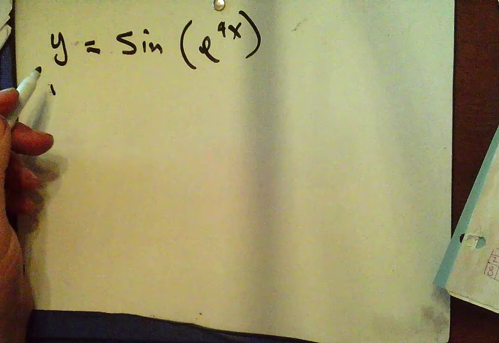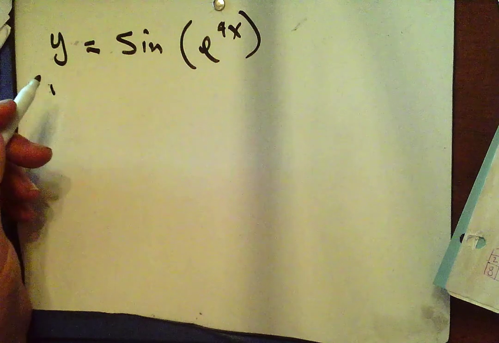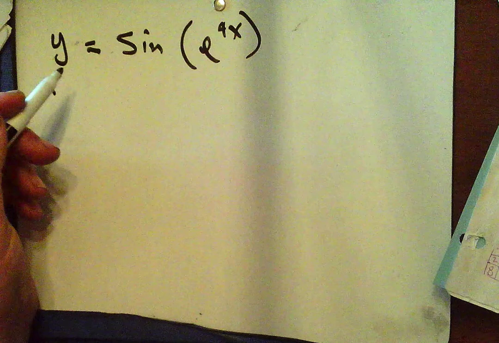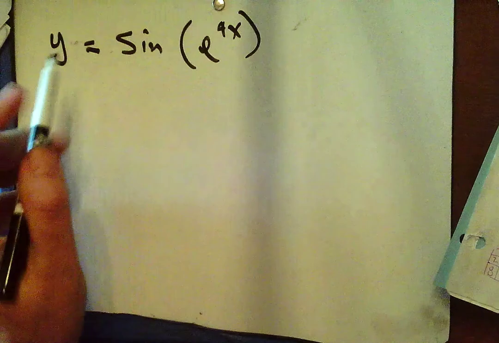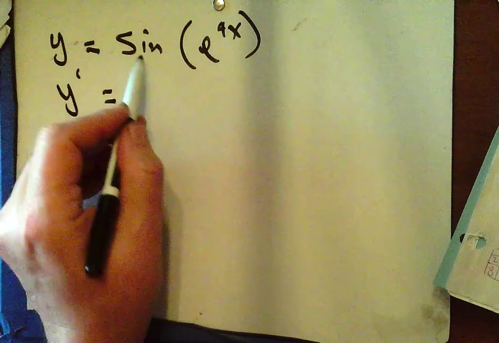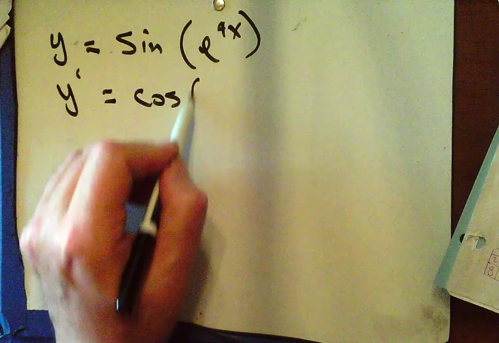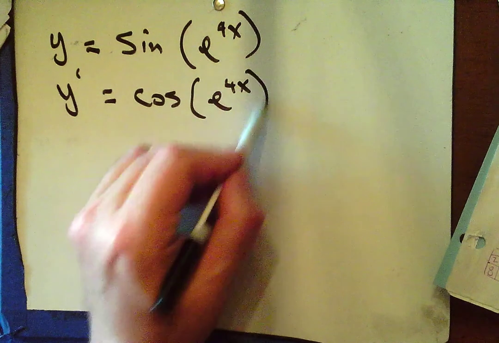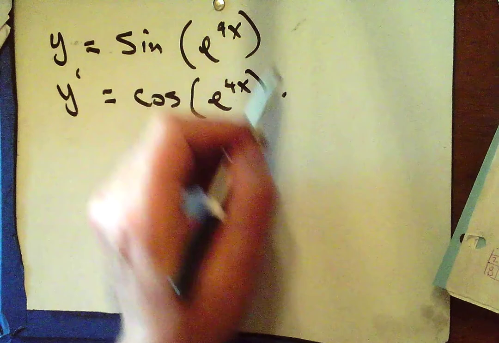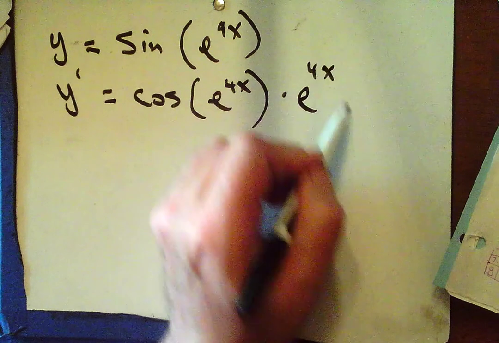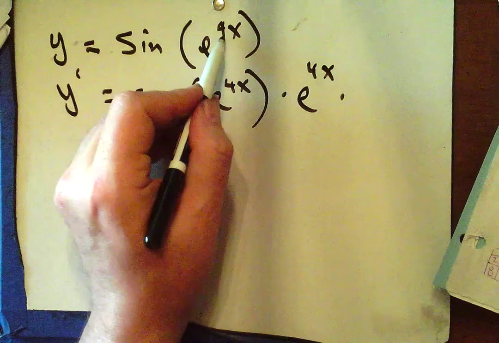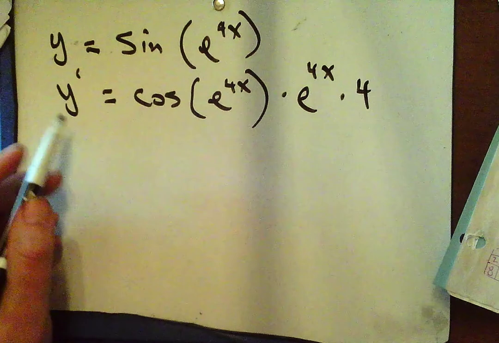Well, you'll never get faster if you don't push yourself to be faster with this. 6 times 7. Oh, come on. So y prime, derivative of the outside function, leave the inside alone, times the derivative of the inside, which is going to be e to the 4x, times the derivative of the innermost, 4.